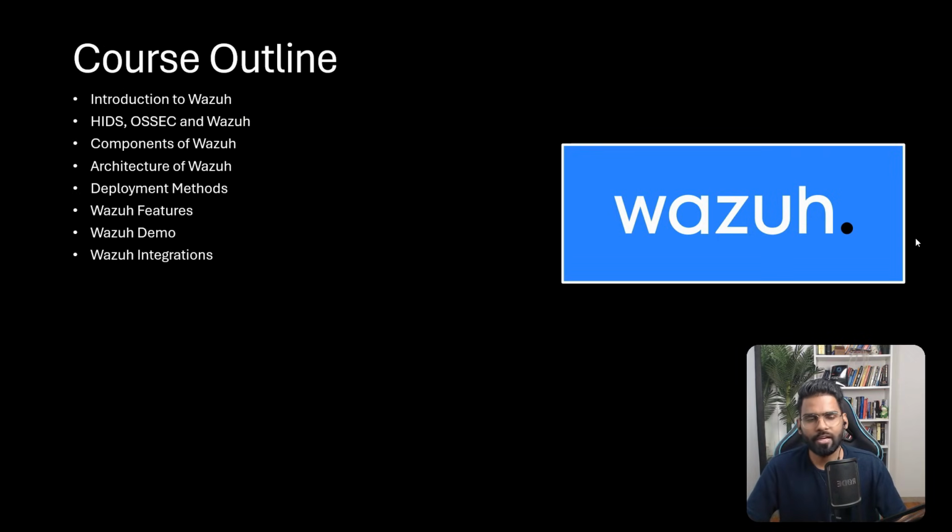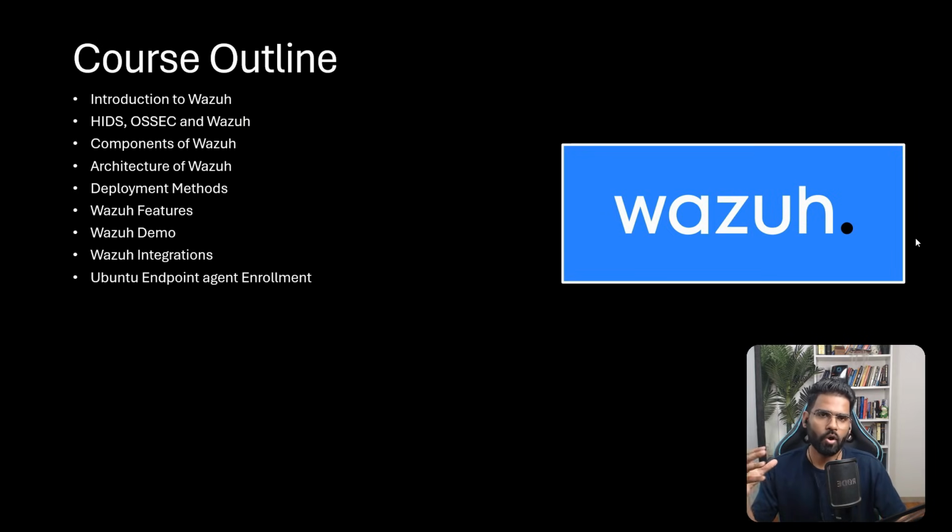Next, we will talk about Wazuh integration. We can integrate Wazuh with tons of software. We will learn about different commercial software that can be integrated and different open source software as well. For example, how we can integrate Windows Defender, or maybe TheHive, or how we can integrate SOAR platforms as well, and also how we can integrate VirusTotal for threat intelligence capability.